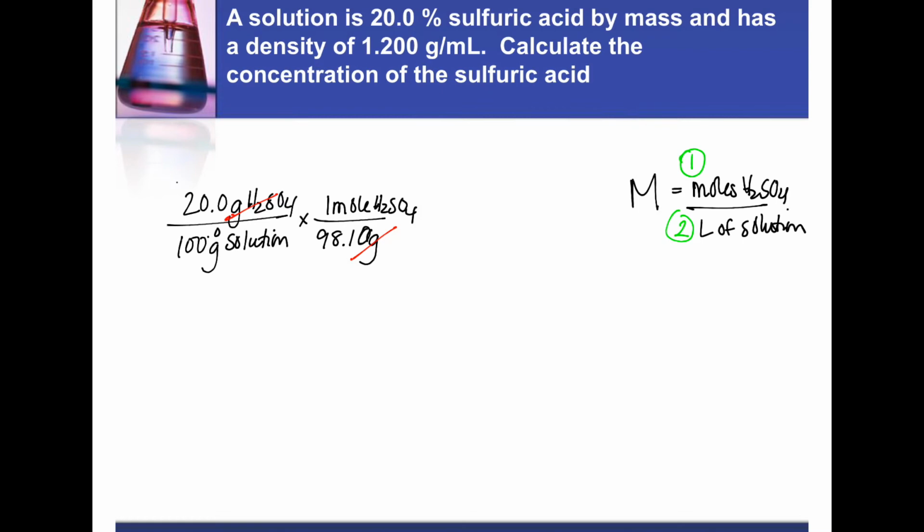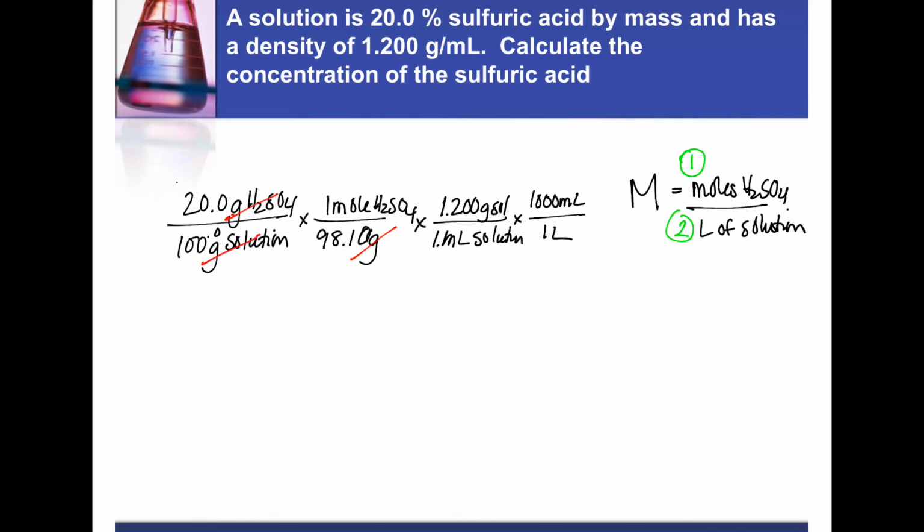But now I need to get from grams of solution to liters of solution. And to do that, we'd say 1.200 grams of solution is 1 milliliter of solution, and then 1,000 milliliters is 1 liter. So we're doing the same conversions.